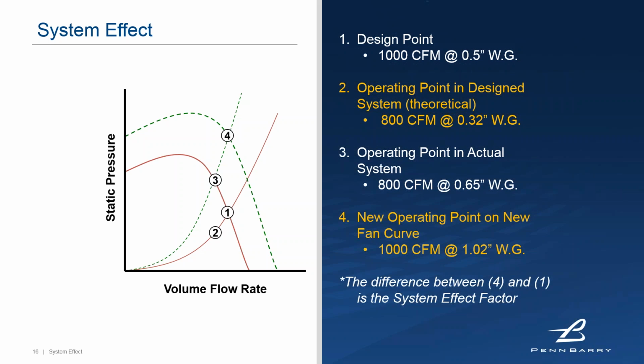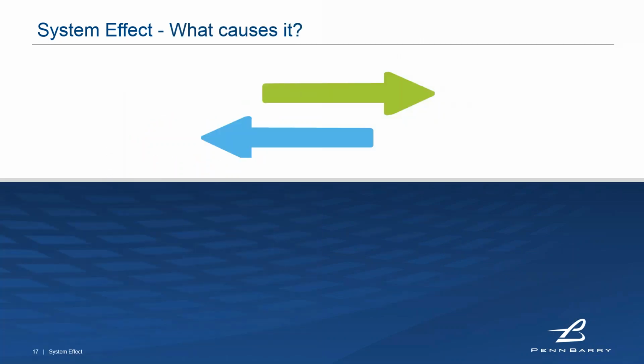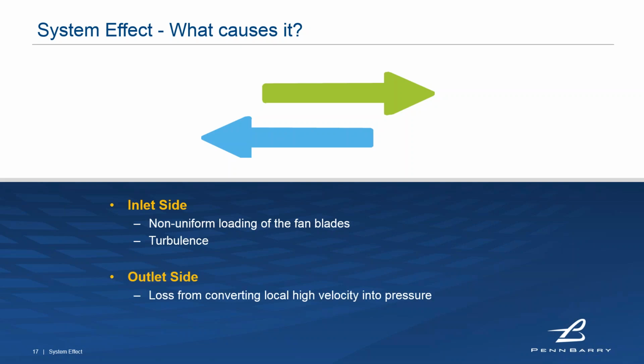So that's our system effect factor. What can cause it? A lot of things. When we get down to it, it's non-uniform loading of the fan blades. So how do we get that? Turbulence, bad inlet conditions, things like that. And on the outlet side, system effect is a poor duct design that is going to lead to velocity that has been introduced into the airstream.